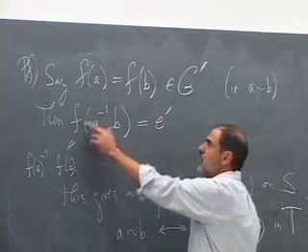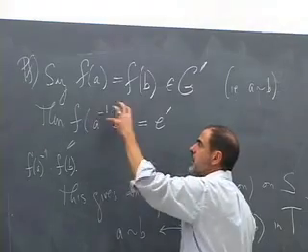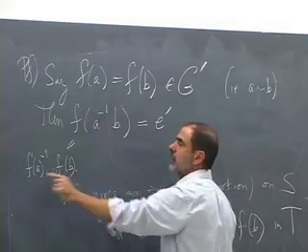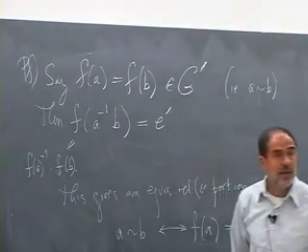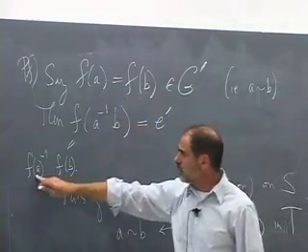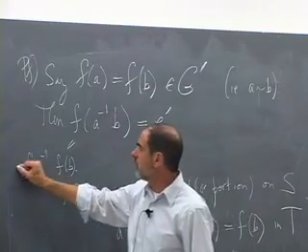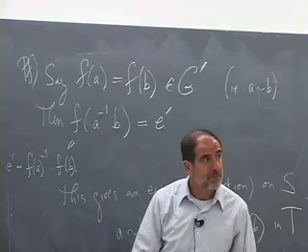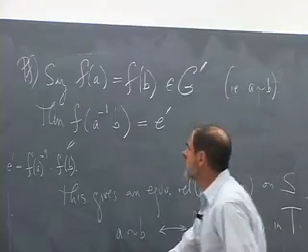Remember, with a group homomorphism we can write this as the product of f of a inverse times f of b, but f of a inverse is the inverse of f of a. f of a was assumed to be equal to f of b, so if I multiply by f of a inverse, this is equal to e prime.